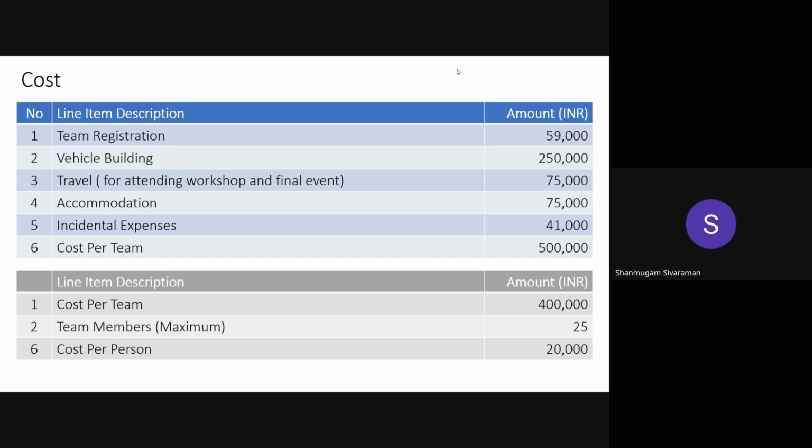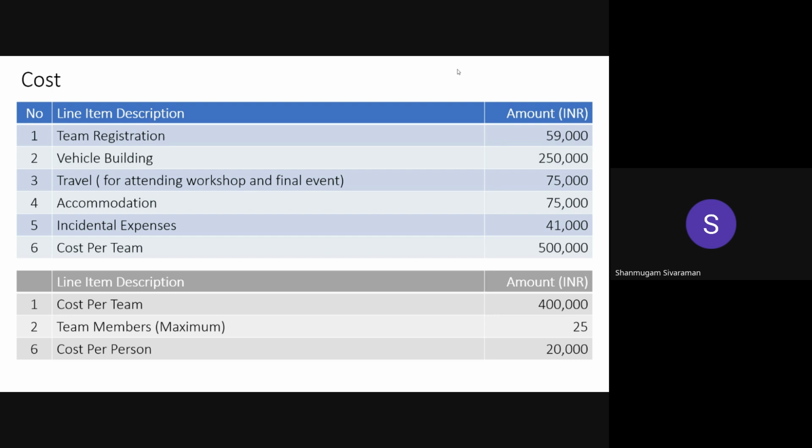That's fixed. But if you look at the vehicle building, the vehicle is expected to be about 200 kg. Our intention is that the cost should not exceed 2 lakh, because per kg we have put about 100 rupees.